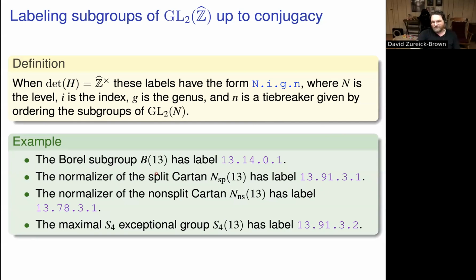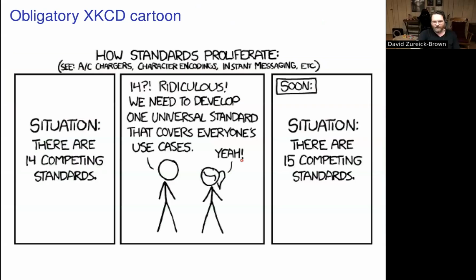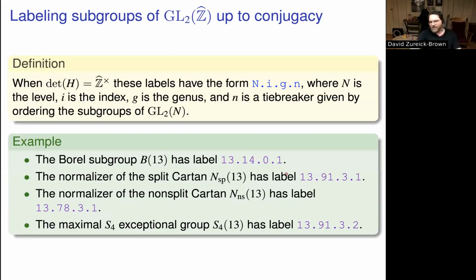We do need to use it frequently. So the Borel has level 13, index 14. This is star star 0 star, genus 0, and then whatever the tiebreaker is, it's 1. So these give us a good way to talk about these, and if the hyperlink works, nope. These are on the LMFDB.